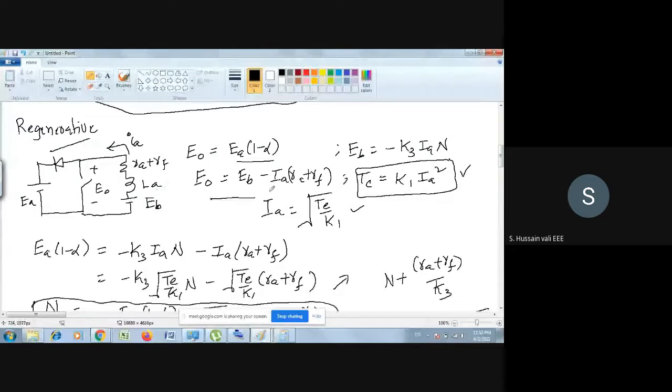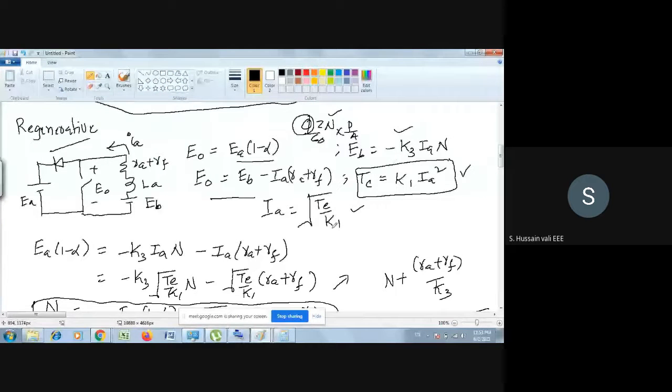Then EV is 60 into P by A, so this remains the same; N rotation does not change. The phi value now gets reversed, because phi depends upon the current IA. As IA is negative here, we put it negative.